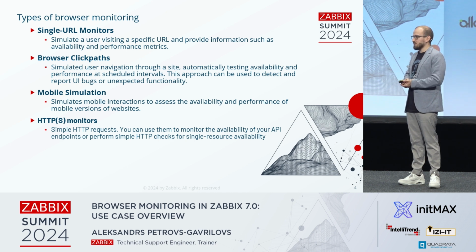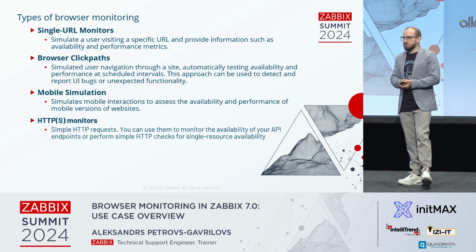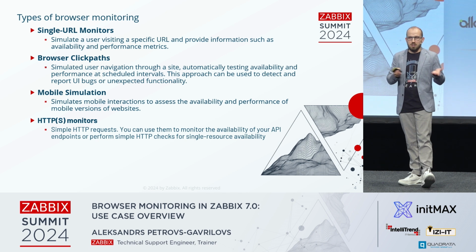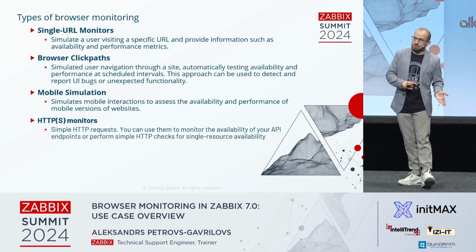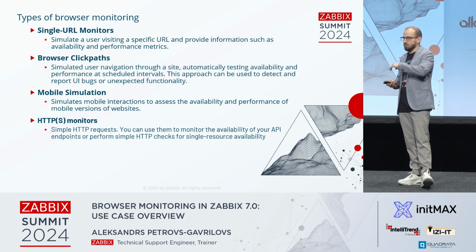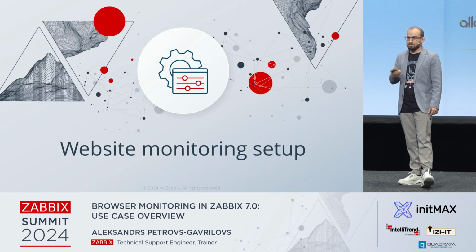Then there's, of course, mobile simulation. We do have mobile pages, right? From time to time, we visit them, and we want to ensure our mobile versions are also working. And then HTTPS monitors, which you can technically do even without browser monitoring, but also with browser monitoring if some extra actions are required before.